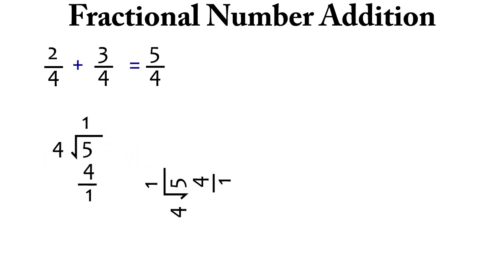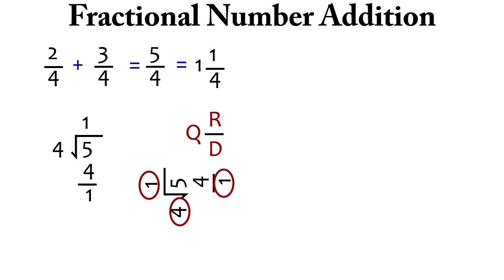Now you can see the quotient is on the left, the remainder is at the right, and the divisor at the bottom. So 5 by 4 will be equal to 1 and 1 by 4. This is the equivalent mixed number form of the fraction 5 by 4.